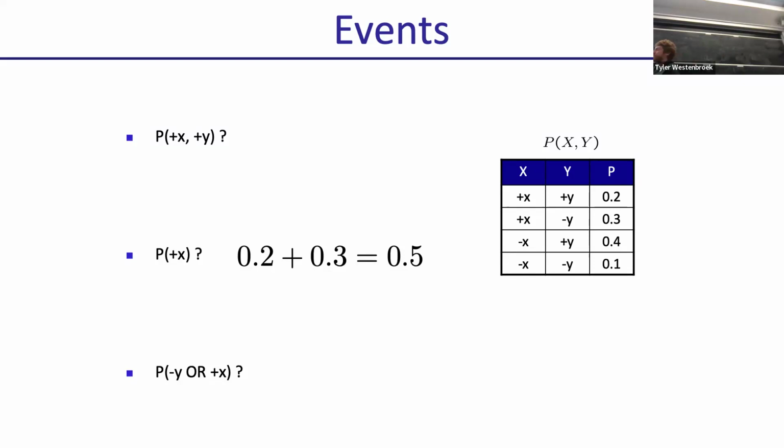If I want to estimate the probability that positive x is happening, if we look at this chart here, this is really just summing up all of the numbers in the column for positive x. Here positive x happens with 0.2, here positive x happens with 0.3, and I just add those up to get 0.5 as the total probability that x is going to happen.